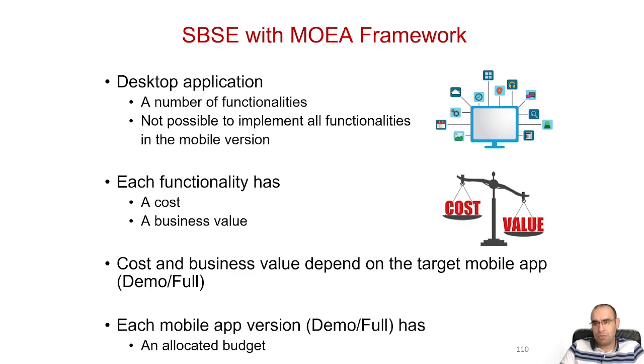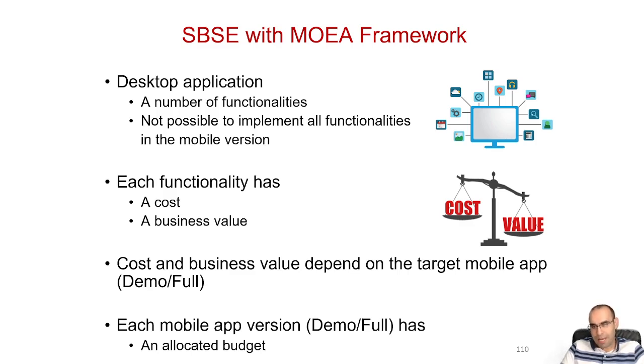So the objective is to select the optimal set of functionalities that provide the highest business value, but of course without exceeding the allocated budget. In this situation, one of the ideal solutions is to formulate the problem as a multi-objective optimization problem.